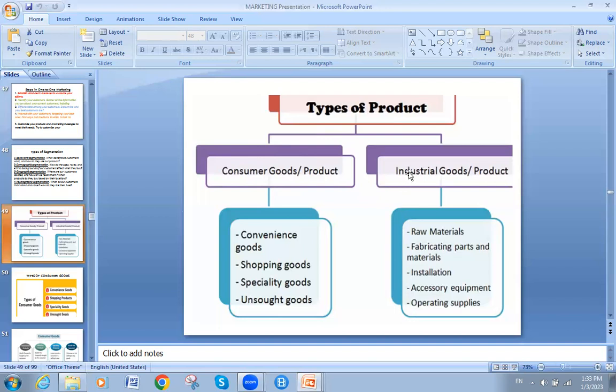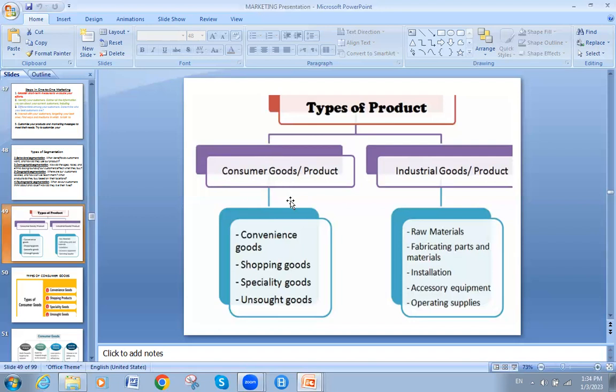But if she bought the same sewing machine for the purpose of stitching for people with money, like she has a tailor shop, in that case this machine is industrial goods. So the main criterion to differentiate between them is that consumer goods are used for final consumption, but industrial goods are used to produce further profits.